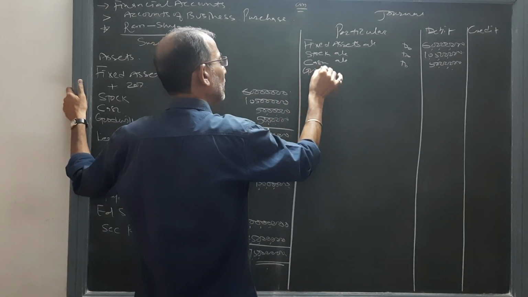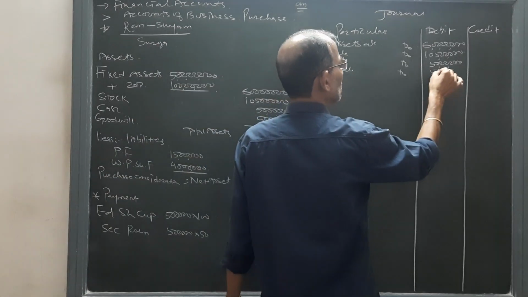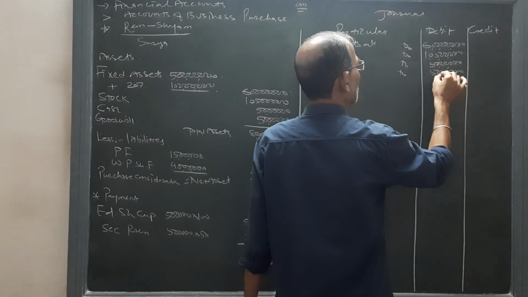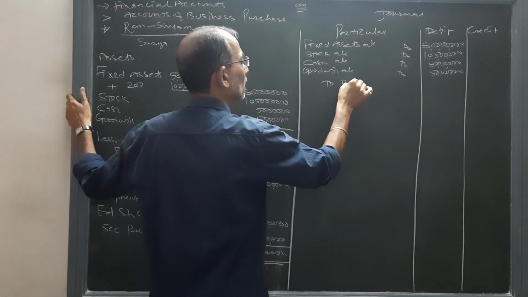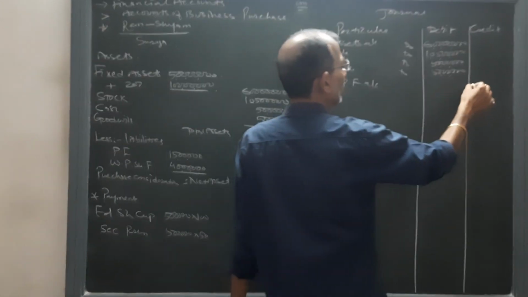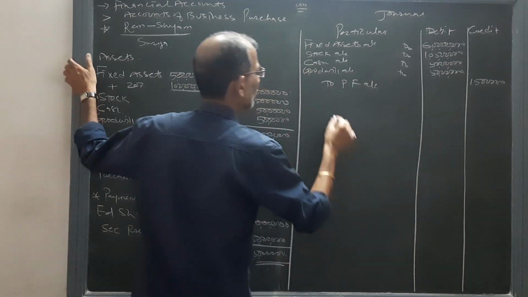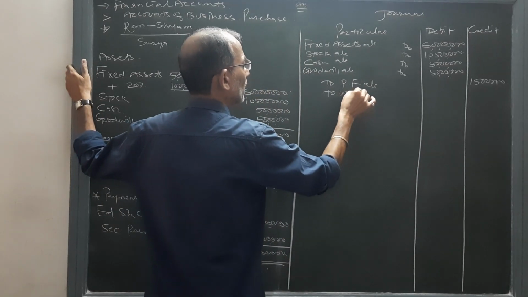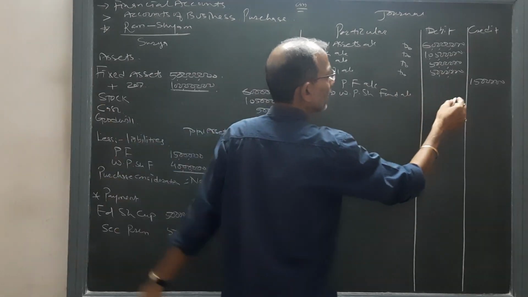Goodwill account debit 50 lakh. To provident fund account 15 lakh. To workers profit sharing fund account 40 lakh.